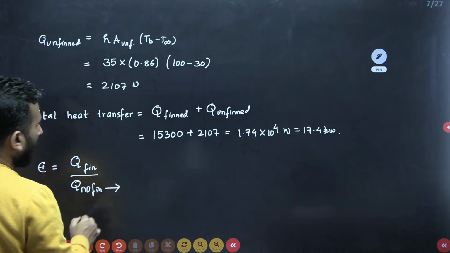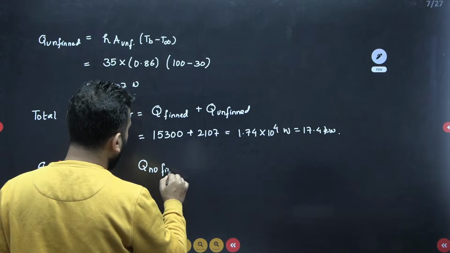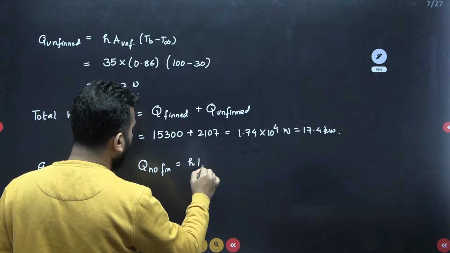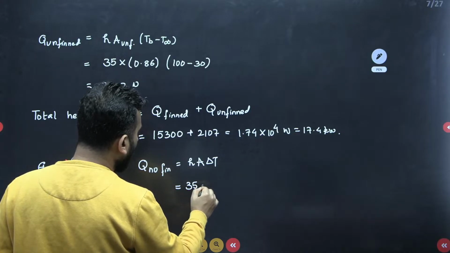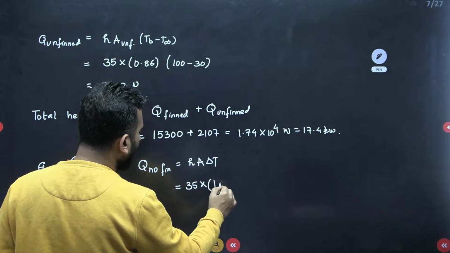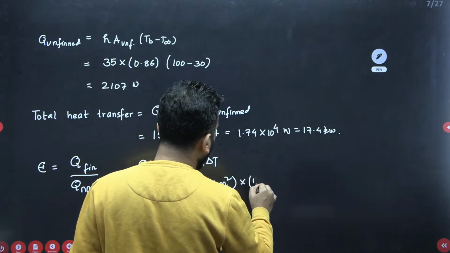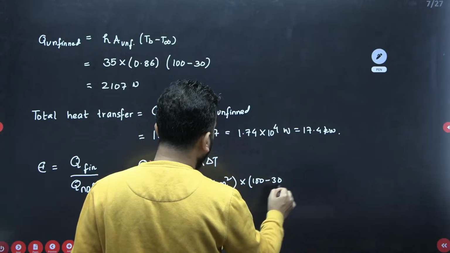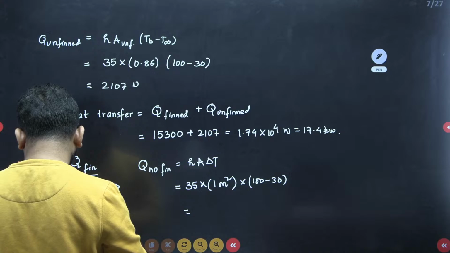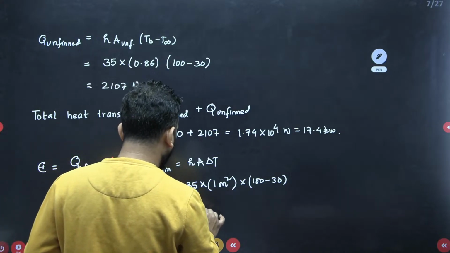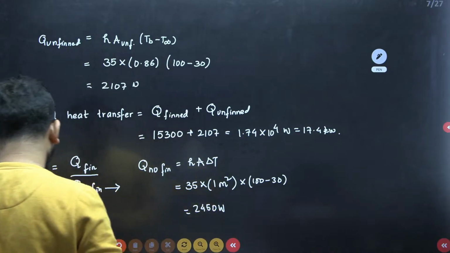So when no fin is present, it is h times entire area times del T. Entire area is 1 meter square and del T is 100 minus 30. So Q with no fin is 2450 watt, right?